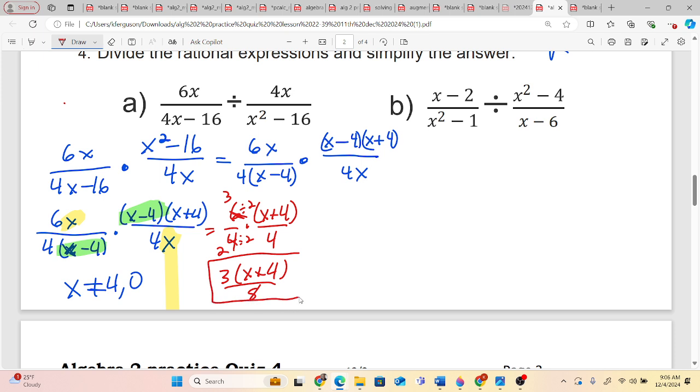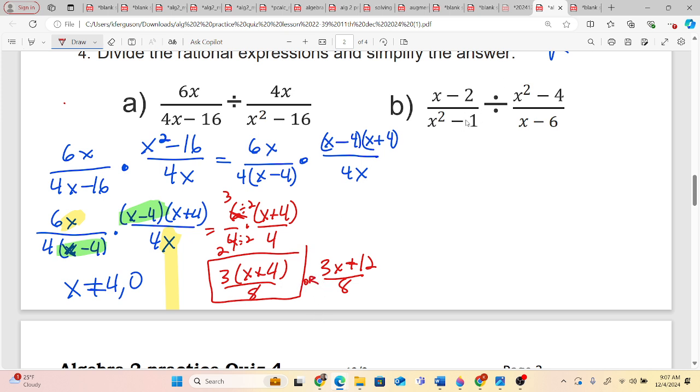And that's my final answer as long as x doesn't equal 4 or 0. Now you could multiply 3 times x plus 4, but I'm not going to, that's not a big deal. In that case, the answer would be 3x plus 12 over 8. Either one of those answers is acceptable.